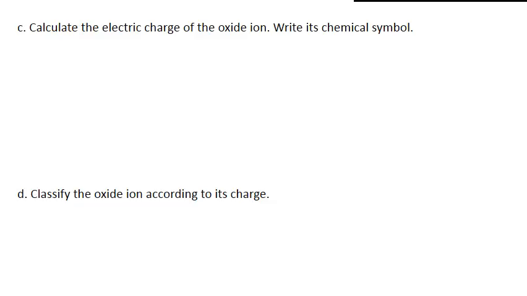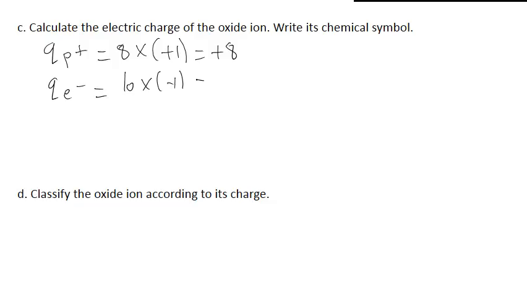Selena, calculate the electric charge of oxide ion, write its chemical symbol. Q the protons equal what? Equals 8 times plus 1 equals plus 8. Remember, it has 10 electrons, so Q of electrons equals 10 times minus 1 equal minus 10. Q of the ion equals what? Plus 8 minus 10.